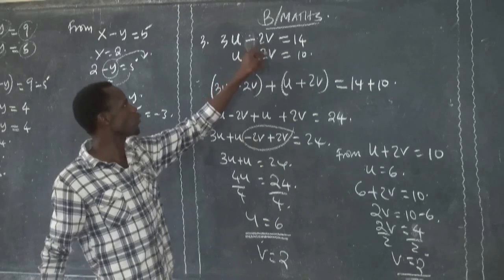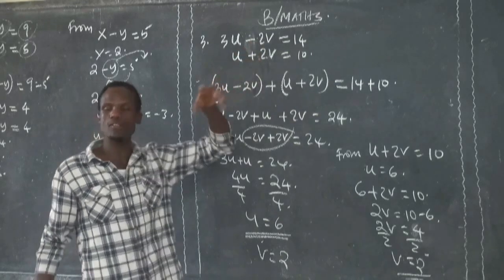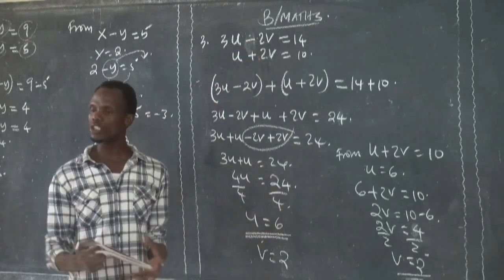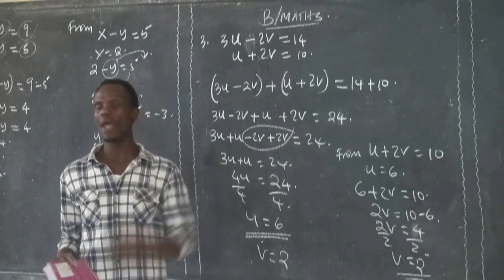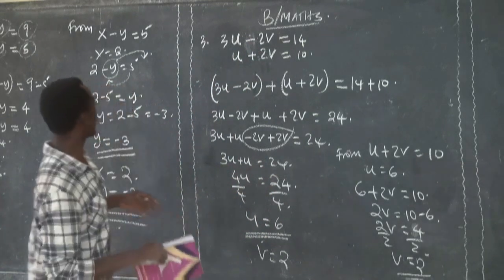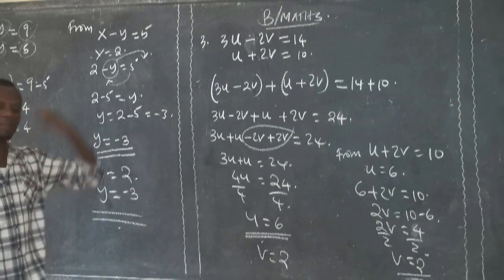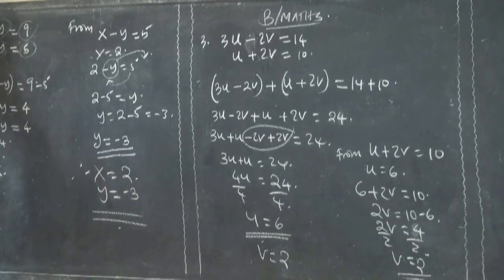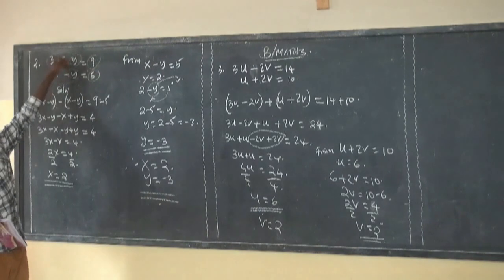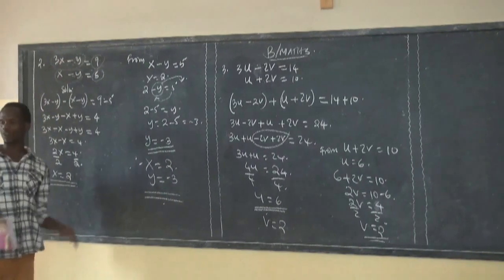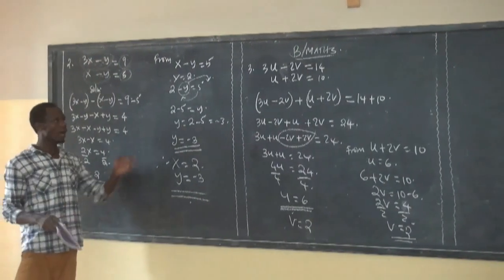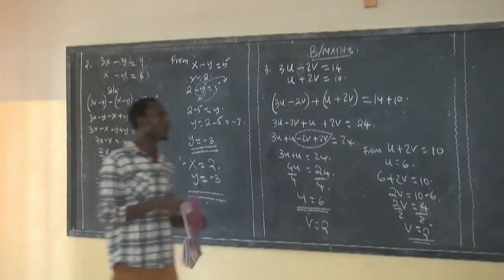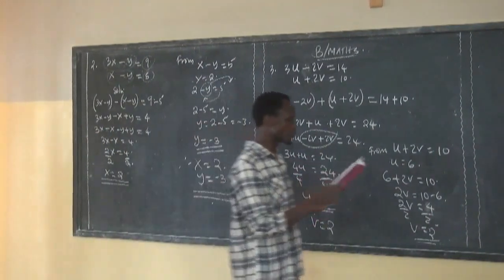Ukigundua kwamba kuna negative na positive katika zile ambazo zinafanana, unazijumlisha ili moja iweze kuwa eliminated. Ukigundua kwamba kuna sehemu ambazo zinafanana kabisa 100%, coefficients pamoja na signs, hapo una subtract. Sasa ni jinsi gani tutafanya ambapo unakuta iko tofauti kabisa.